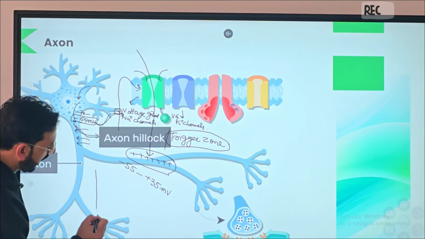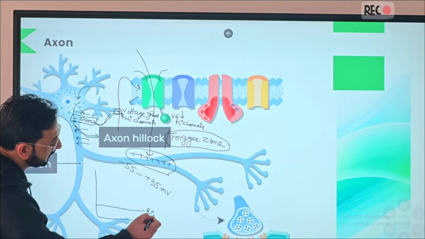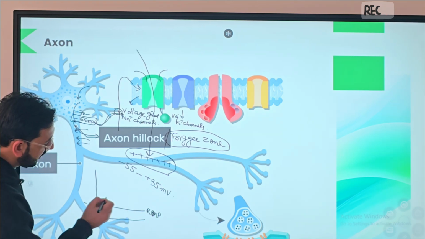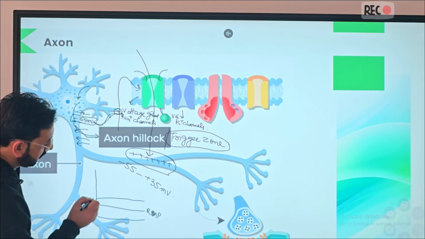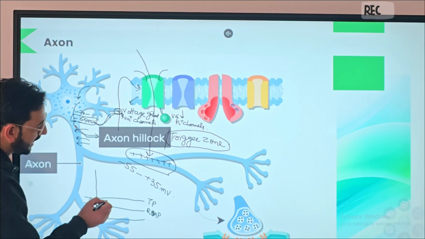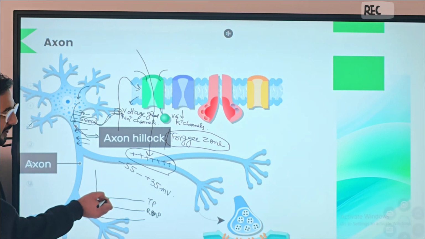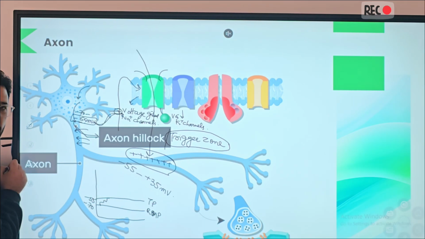You must have seen that graph. For example, this is the resting membrane potential, it is -70, and we have taken it to -55, that is threshold potential, and that was done by those EPSPs. EPSPs took the potential from resting membrane potential to threshold potential.